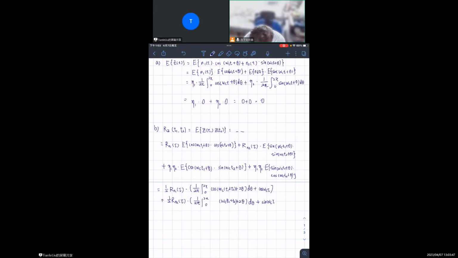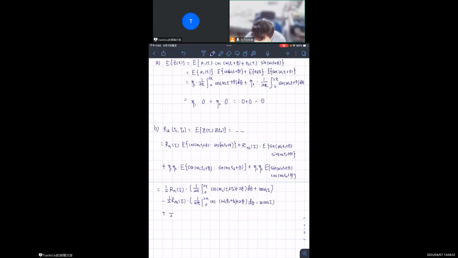I think that part is the minus cosine(omega_c(t1 minus t2)), using the minus of the cosine. Yes, I think that's the answer for the R_N1 and R_N2 part.